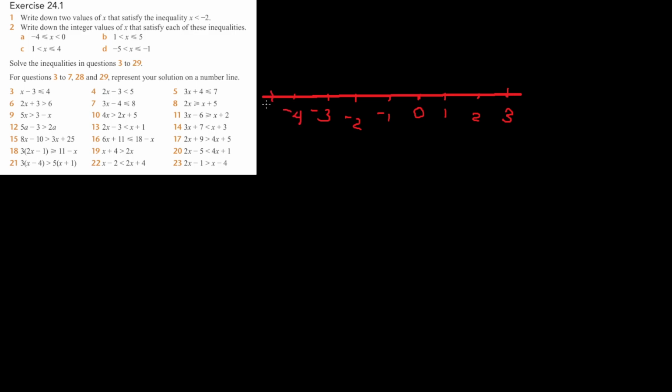Let's put minus 4 and minus 5 here. It says that it could be any number less than minus 2. We know that we cannot use minus 2 since this is a normal less than sign. But if it were a less than or equal to sign, we can use minus 2. So as we can see, there's a lot of numbers we can use that is less than minus 2.